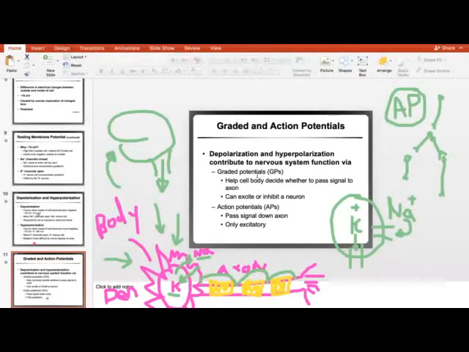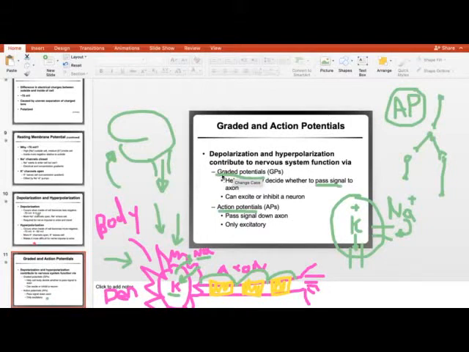And if these depolarizations and hyperpolarizations are small, not very big, then they're just going to make it so that the system can keep sending information towards each other in the form of these graded potentials. It's strong enough for a signal to pass through the axon, and it can excite or inhibit the next neuron, but it's not big enough to be an action potential.